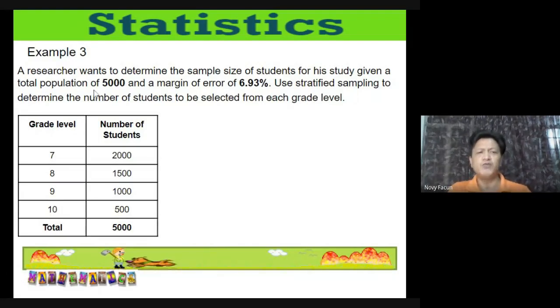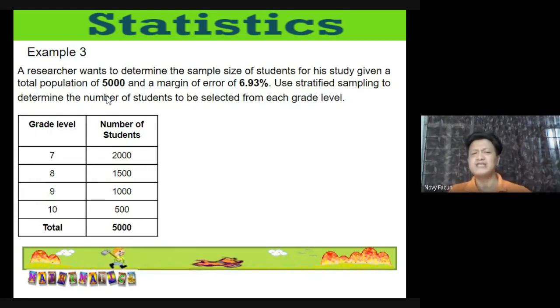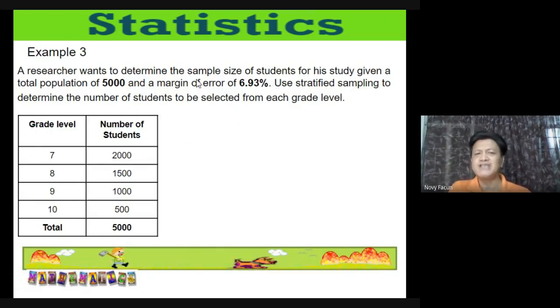Okay. So, another example natin. A researcher wants to determine the sample size of students for his study given with a total population of 5,000 and a margin of error of 6.93%. Use stratified sampling to determine the number of students to be selected from each grade level. Kung ma-analyze natin, no, hahanapin natin dito yung sample size dun sa total population ng 5,000.